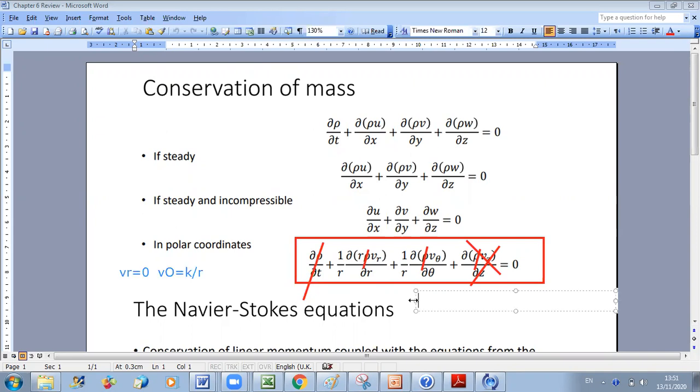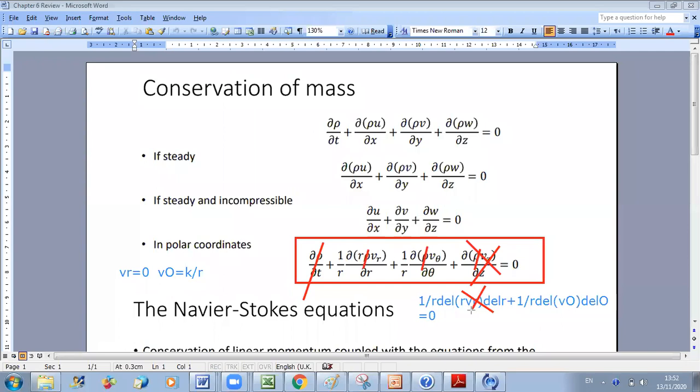Our condition is that in general, you should have 1 over R del (R VR) by del R, plus 1 over R del V theta by del theta equals 0. This is the condition because it's a 2D flow, so no Vz. Now replace in this problem: VR is 0, so this term will cancel out.